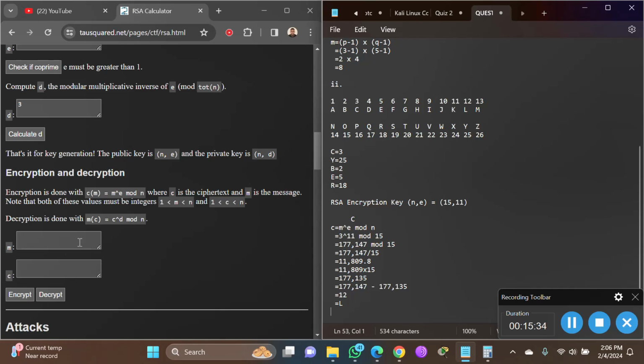So because this site allows numbers, not letters, to represent C, we need to put 3. You see? Then you say encrypt. So encrypting it, we get 12, which is this 12 you are seeing. And on the alphabet, it's L. So we have confirmed that this is correct.